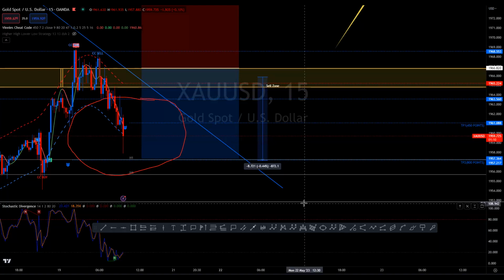We got a little bit over a minute. Less than a minute now. Let's see if the next candle triggers the Chico buy signal.